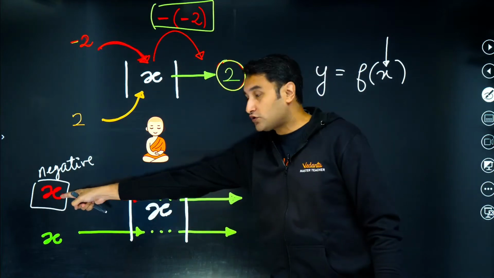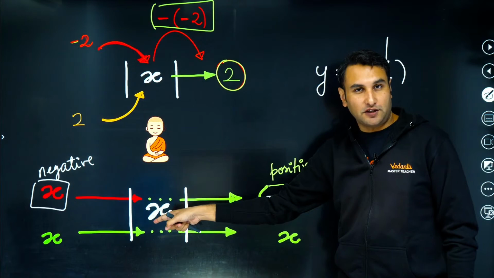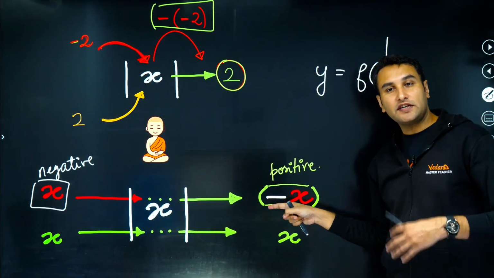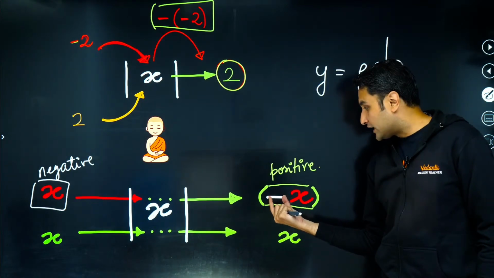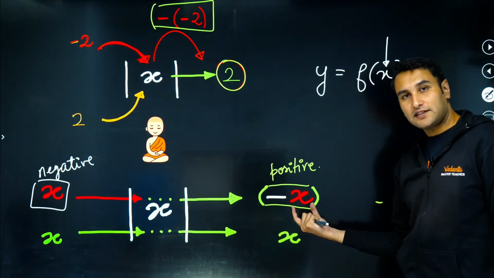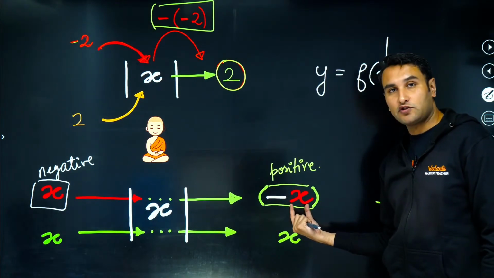Correct? So x was negative, it came to Baba's ashram. Baba, using his technique, gave it a negative sign. So x with a negative sign, x was negative already. Imagine x was like -2.